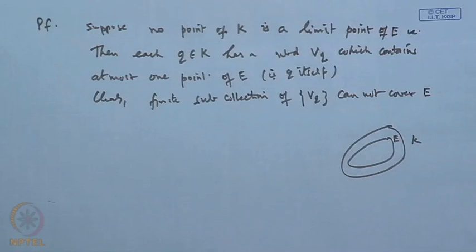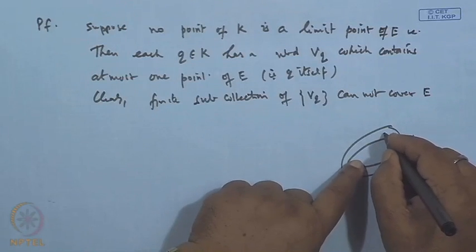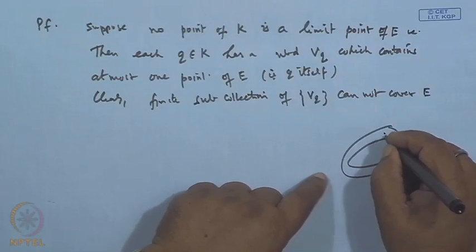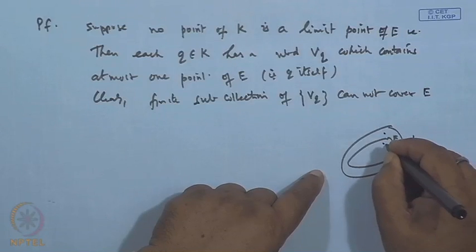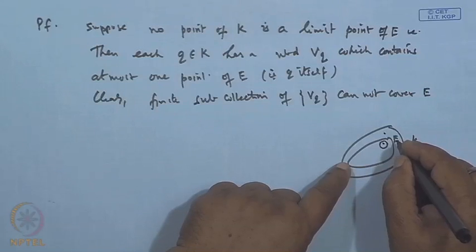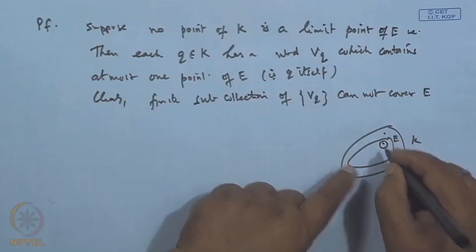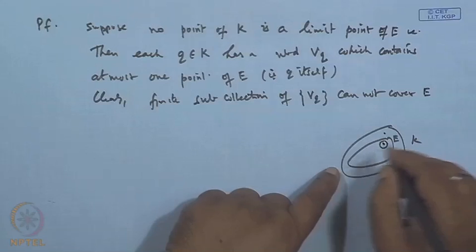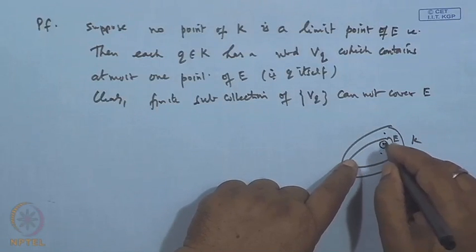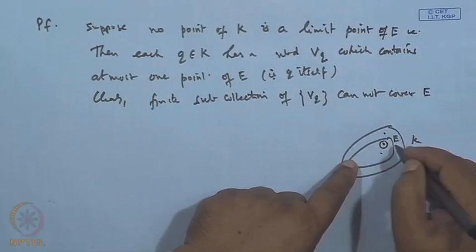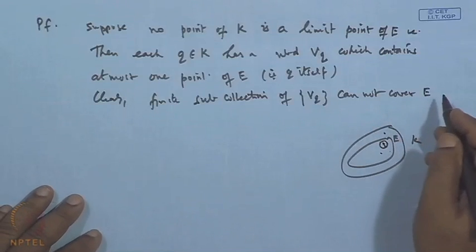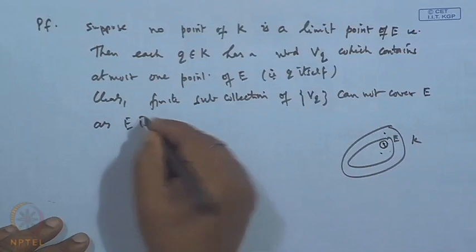What we are assuming is that no point of K is a limit point of E. So, suppose I take a Q here, then this neighborhood of Q will not include other points of E. Because Q is not a limit point, at most it will contain only the point itself, but since E has an infinite collection of points, a finite number of open disks cannot cover E, as E is an infinite set.